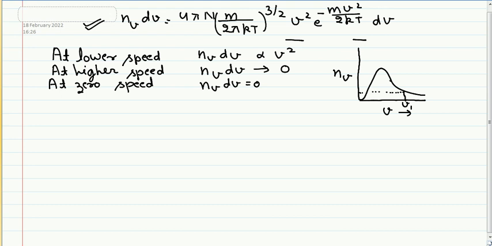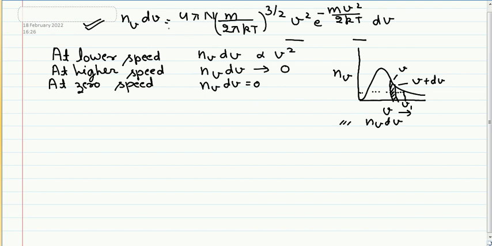And N_v dv is represented by this shaded region, where the first line corresponds to speed v, and the second line corresponds to speed v plus dv. So this shaded region represents N_v dv, that is the number of molecules having speed between v and v plus dv. So this is the distribution curve.